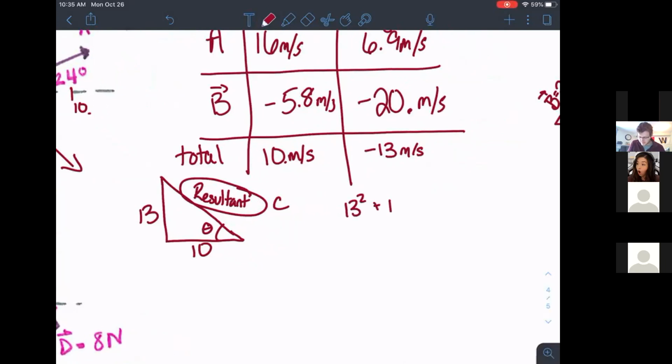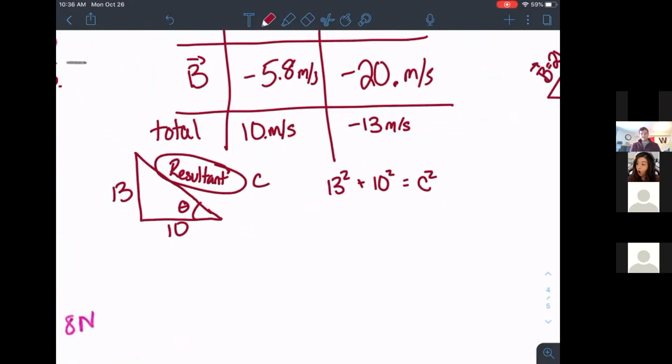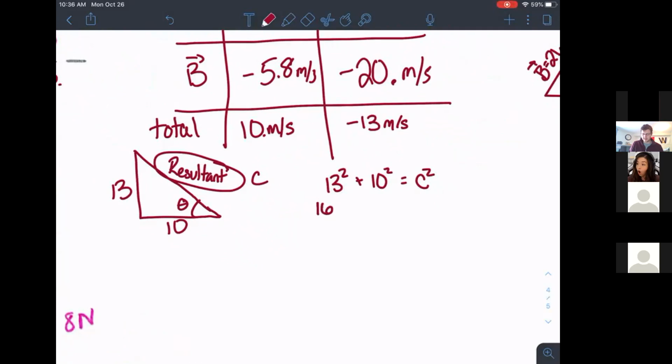Perfect. 13 squared plus 10 squared equals C squared. 13 squared is 169, plus 10 squared, which is 100, so my C squared is going to equal 269. And if I find C, what is my value? 16.4.